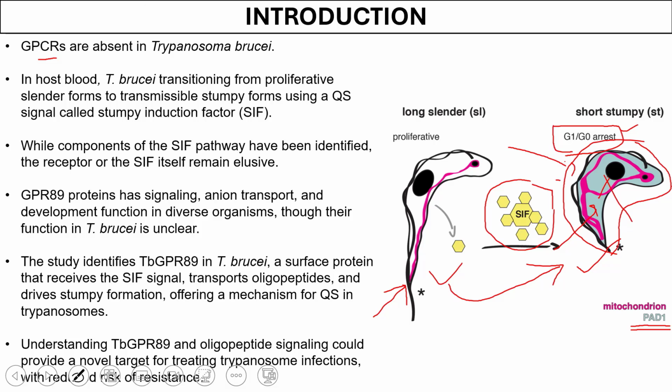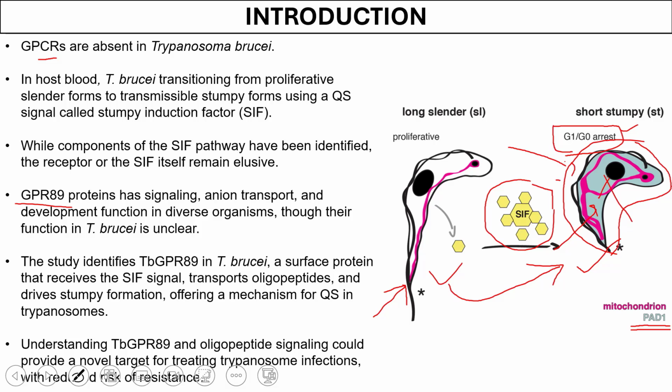Now, although GPCRs are absent in trypanosomes, a GPR89 protein has been identified, which is involved in signaling, anion transport, and development in other organisms. This protein is present in Trypanosoma brucei, but its action is not clear.